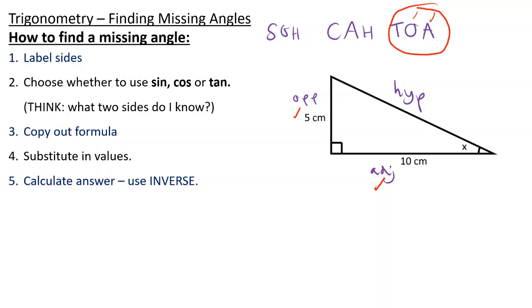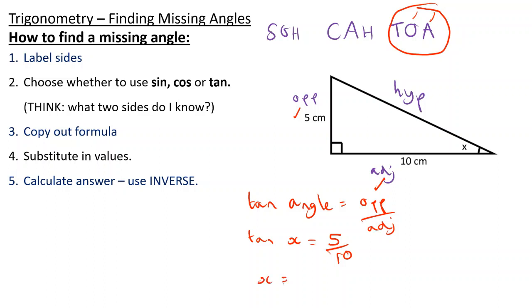So now we've chosen tan, we write out our formula for tan, which is tan angle equals opposite over adjacent. We then write out again as tan x equals the opposite, which is 5, over the adjacent, which is 10. We need to do the inverse of tan to both sides.